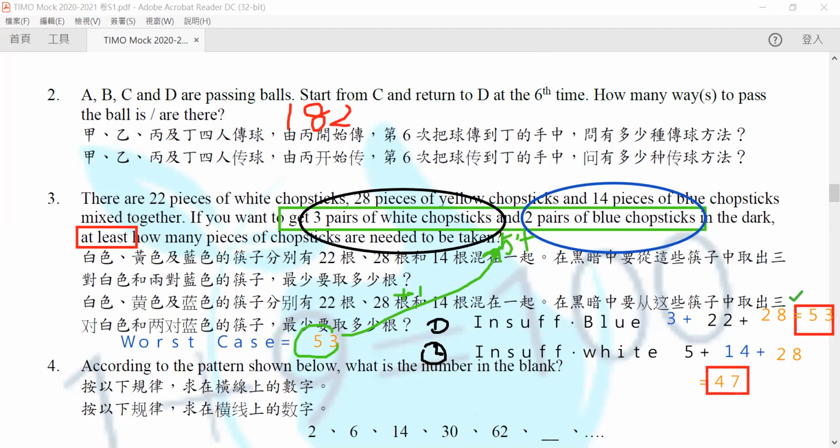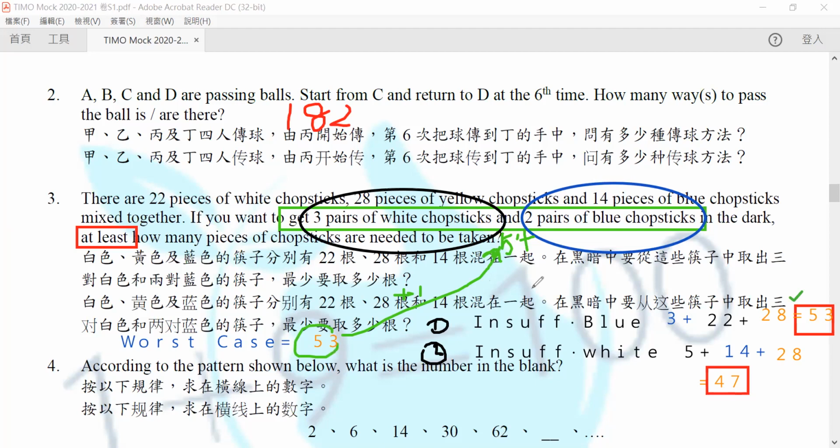Because with insufficient blue, we should be taking 3 blues, 22 white, and 28 yellow to form 53 chopsticks, which does not satisfy our question. So we need at least one more, which brings it from 53 to 54.